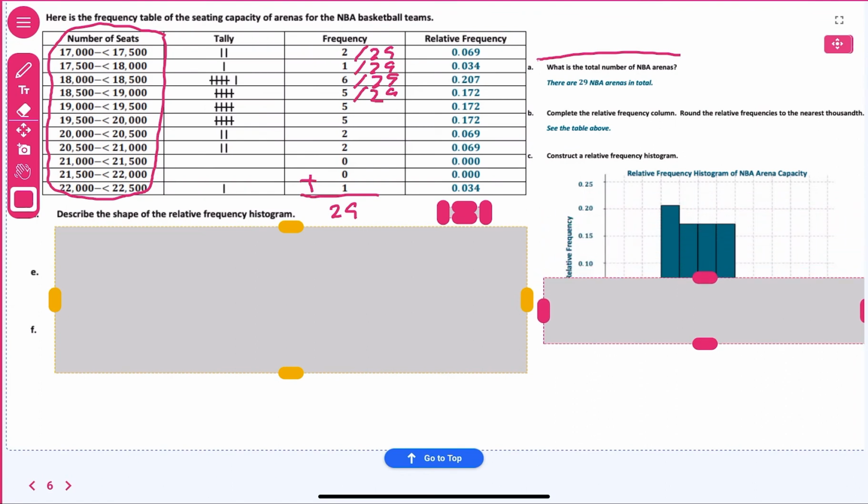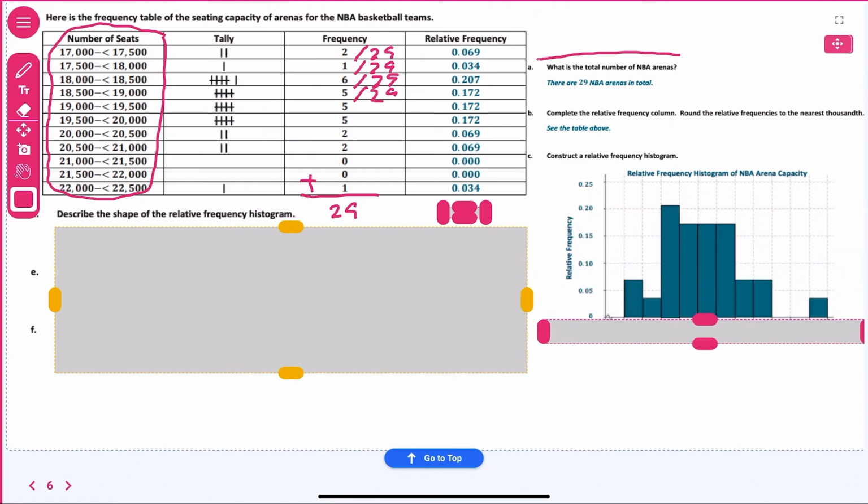They did 5 hundredths each. Here's 5 hundredths, and then 10 hundredths, 15 hundredths, 20 hundredths, and 25 hundredths. And that includes all of our frequencies.